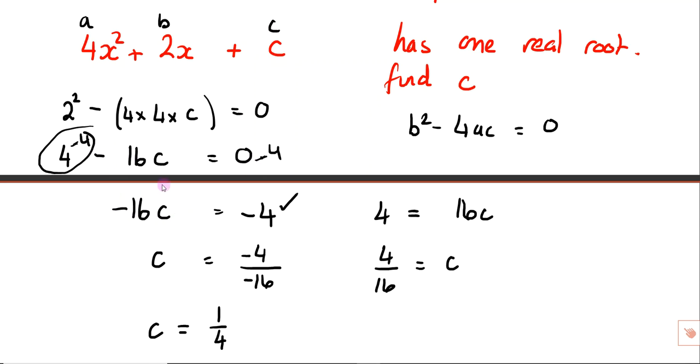But Frankie told us perfectly correctly, if I subtract 4, it is negative 16c. So we didn't make that mistake. But that can be a common mistake. And then, of course, you would end up with an answer of negative a quarter at the end rather than positive a quarter. This would be the top end of the type of question that you'd have to do.